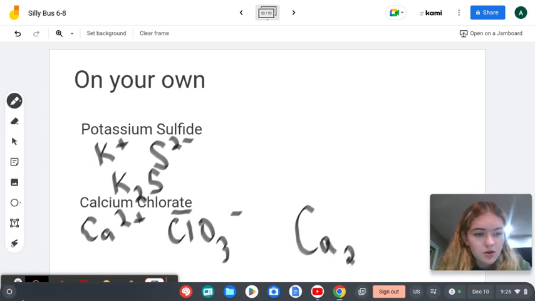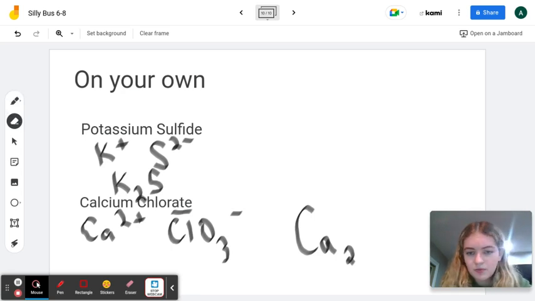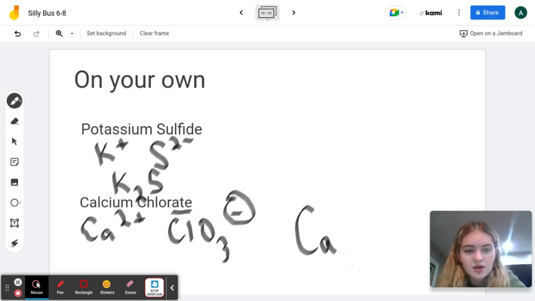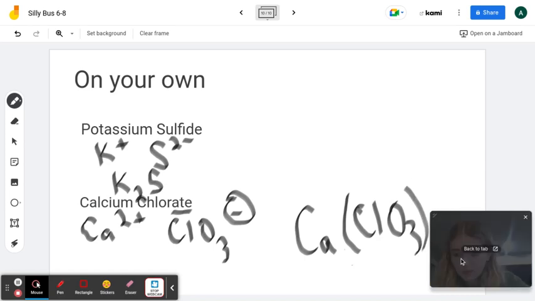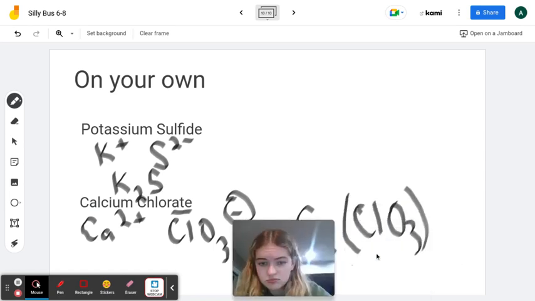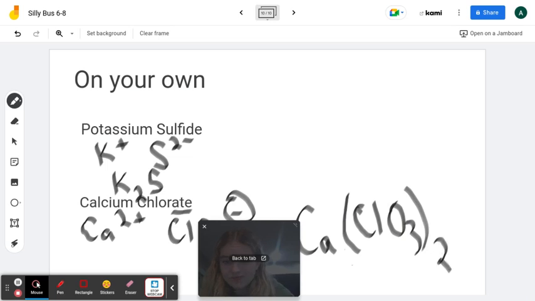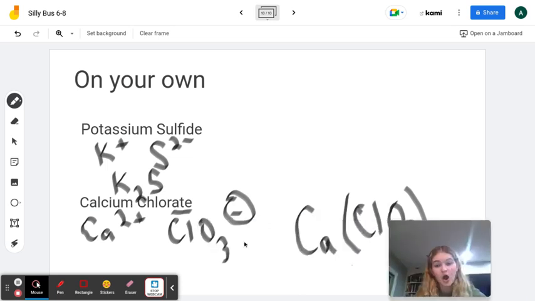Oh, no. No. Did that wrong. Ca should have just been by itself because it just takes the 1 over here. Ca in parentheses, ClO3. And then let me move me. Oh, okay. 2. And that's what you should have gotten.